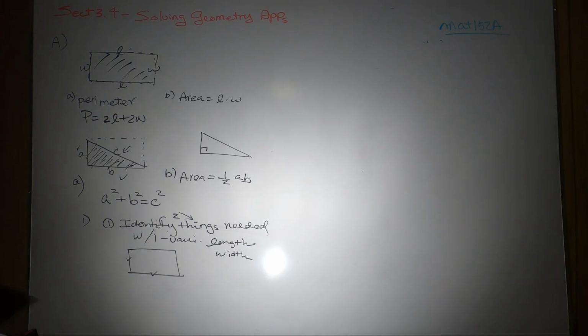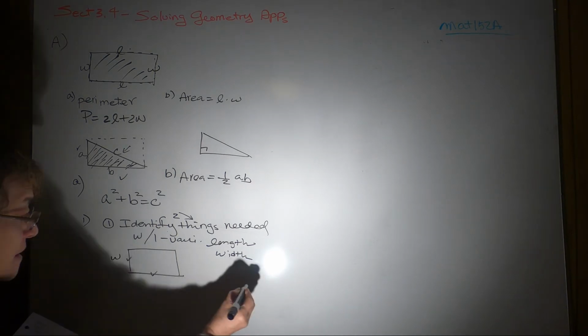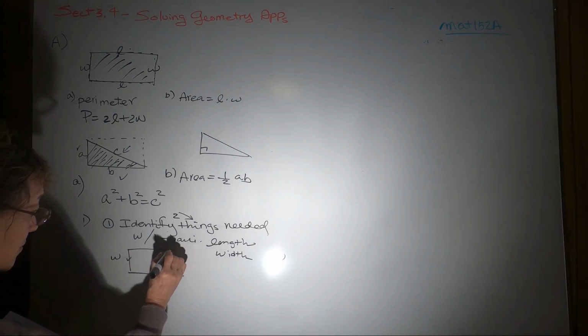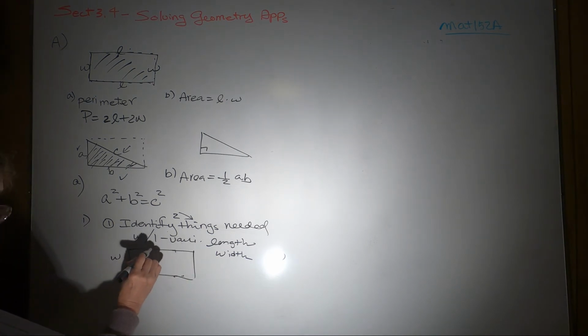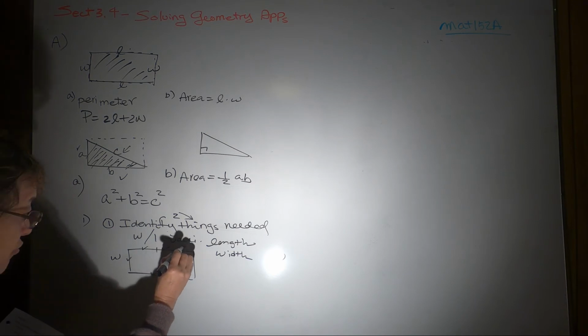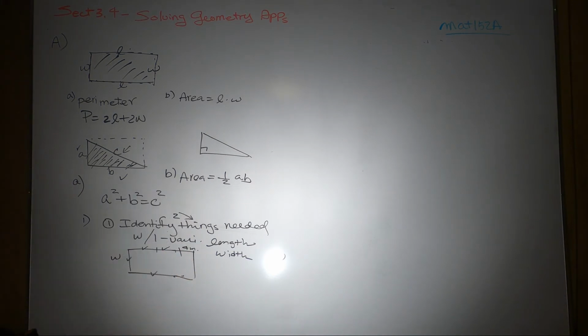Here it says the length is 4 meters more than twice the width. So if we make the width W, what is the length? 4 more than twice the width. Twice is apparently bigger, and 4 meters more.